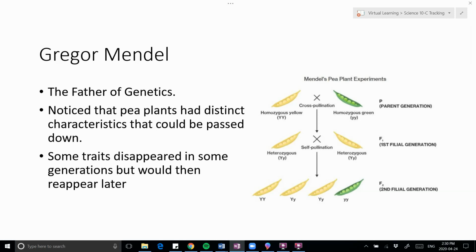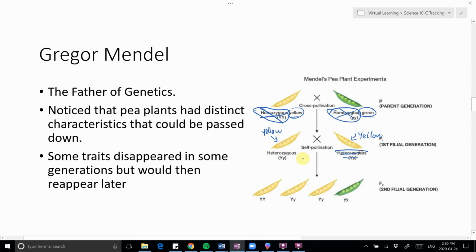Specifically, he found specific traits, but the one in this example would be color. So we've got a yellow plant and a green plant. He didn't know this part, that didn't exist at his time. All he knew was that he had a yellow plant and a green plant. And when he bred his yellow plants and his green plants, all of the new plants were yellow.